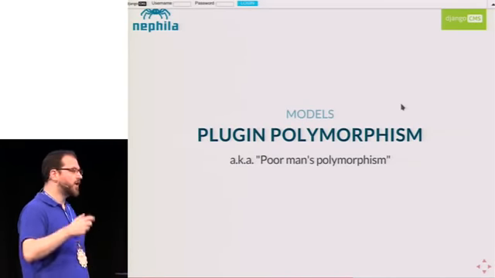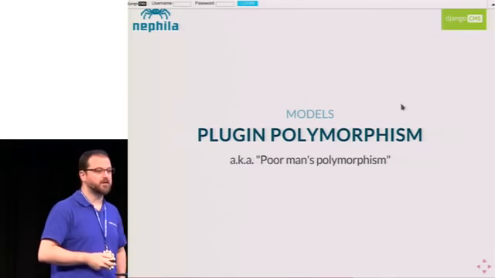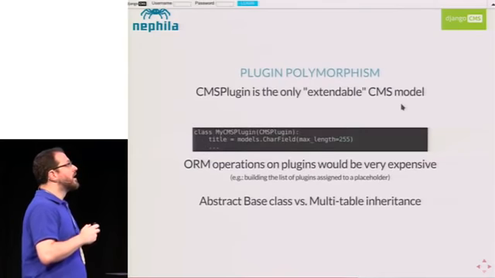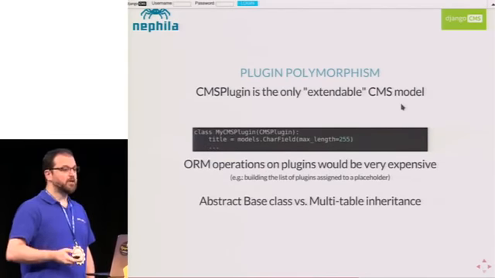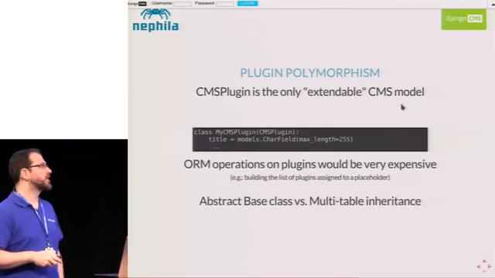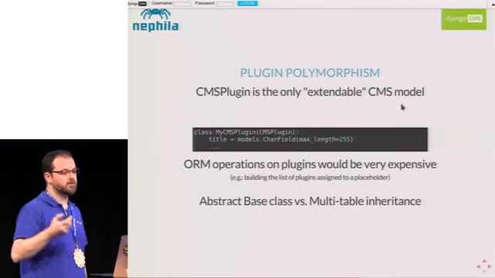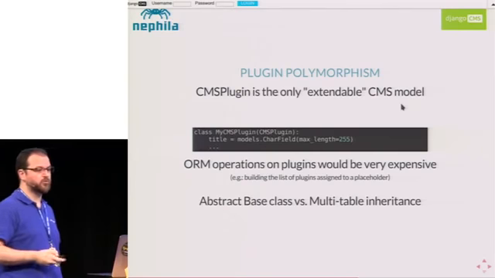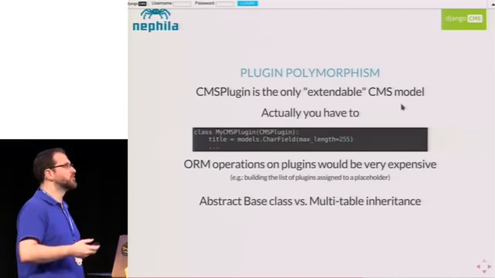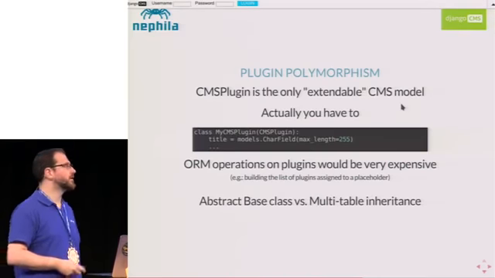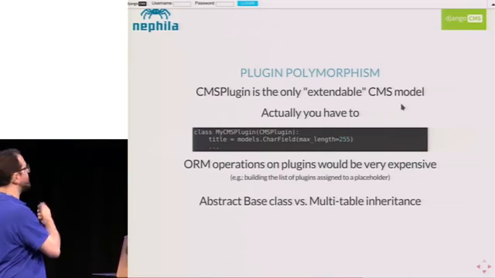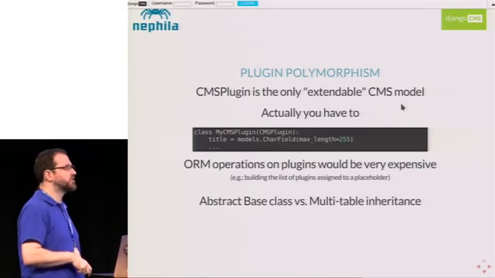which brings us to the plugin polymorphism, which I call poor man's polymorphism because it was conceived way before there was a generic Django application to handle polymorphism. The CMS plugin model is unique among the models of Django CMS, as it's the only CMS model that you are supposed to extend, and actually you have to extend it to make useful things in the plugins. And apparently it's just another model which you extend.